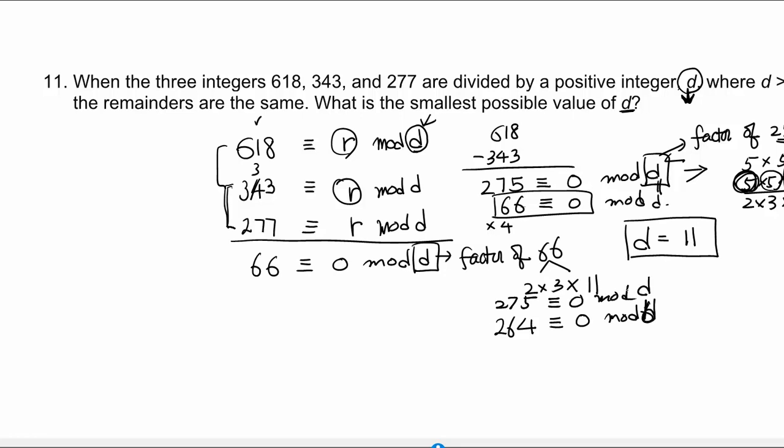So when you take the smallest number over here, 11, 0 mod d, isn't it? Yeah, that is the best small number. So this number should be 11, right? Because 11 is a prime number, isn't it? Alright. The smallest number is 11.